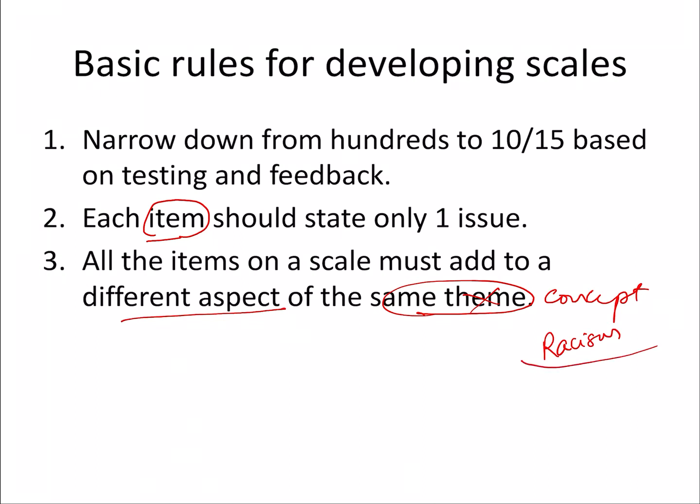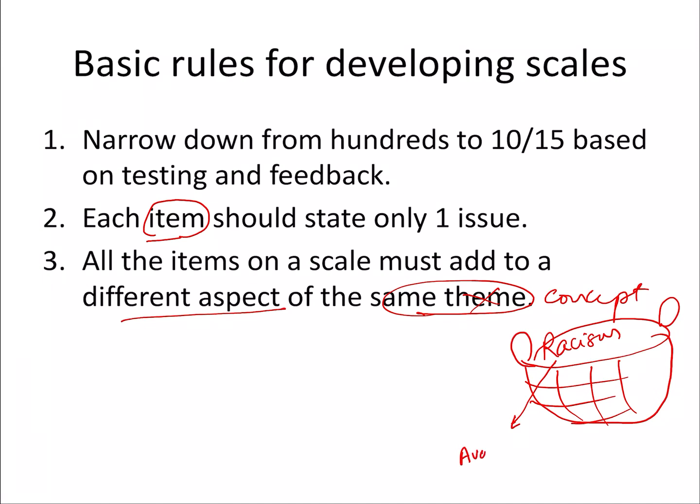if this is a big basket, imagine this to be a big basket. Okay, there are several things that occur in racism. There's the avoidance of physical contact. There's avoidance of communication.